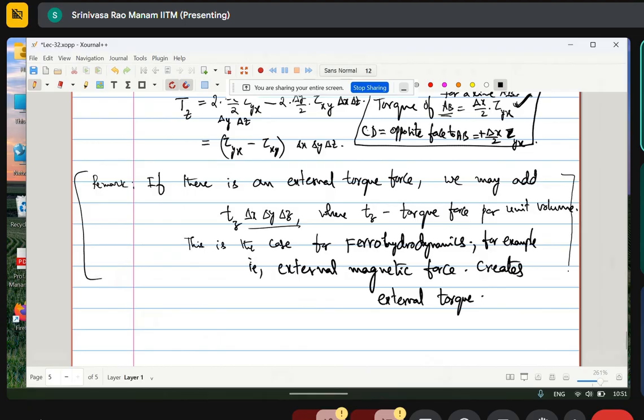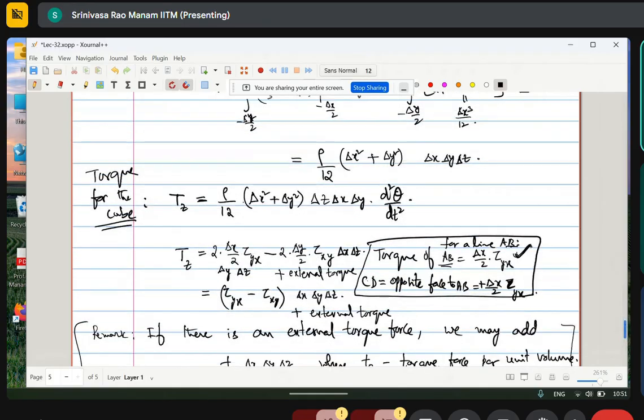You just keep it so that we're not adding there. Otherwise you may have to add here. So here, for example, you may have to add external torque. This is also external torque for the cube.